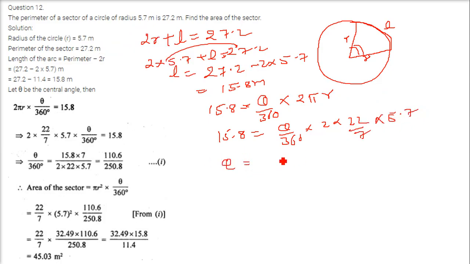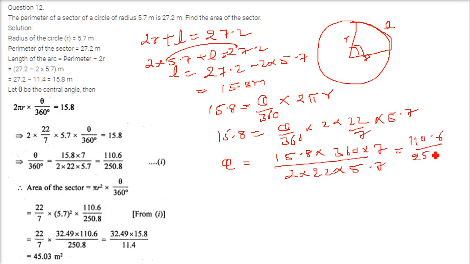So theta becomes 15.8 into 360 into 7 divided by 2 into 22 into 5.7, and we can write it as 110.6 by 250.8.